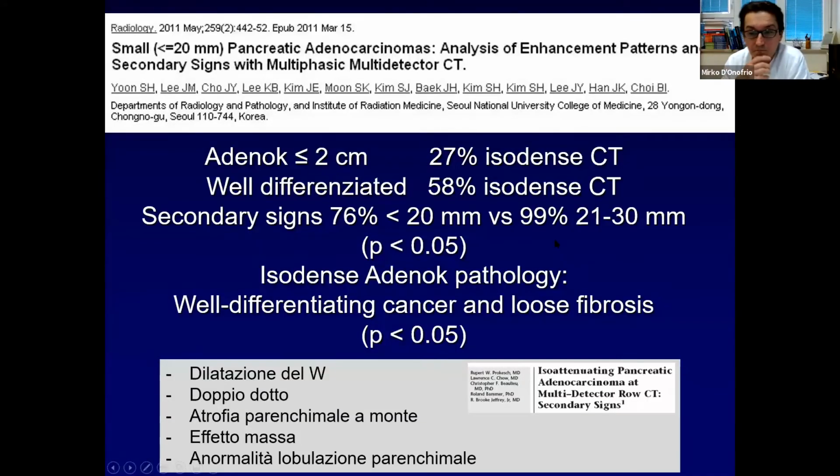So we can understand why this lesion at CT is not typically hypovascular. The reason is that the lesion is small, and the fibrotic change, the desmoplastic reaction, is not really organized in the lesion.